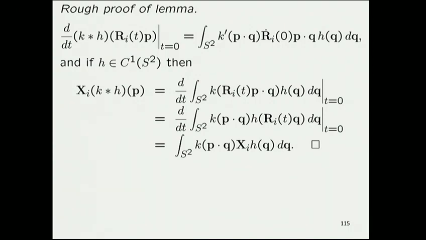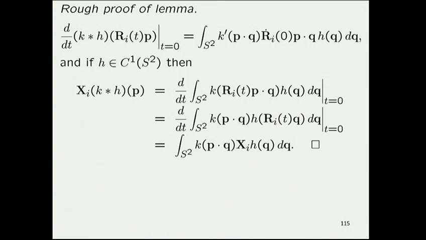You'll get a q out there, and then you take the derivative of this. You're going to get an ri dot of 0, and then you've got the h there. And so now xi of k star h of p, that's the derivative of this expression.